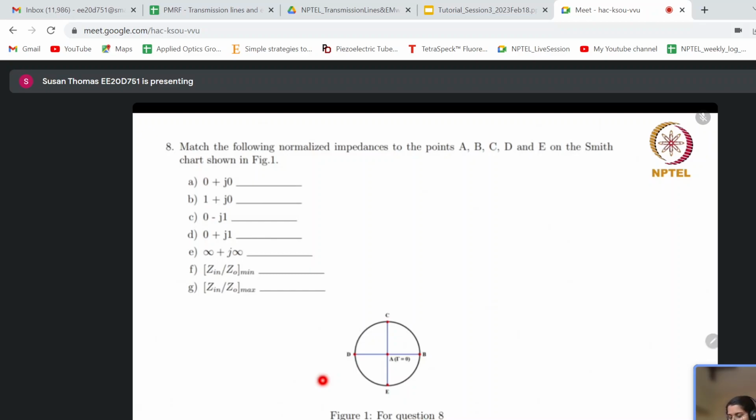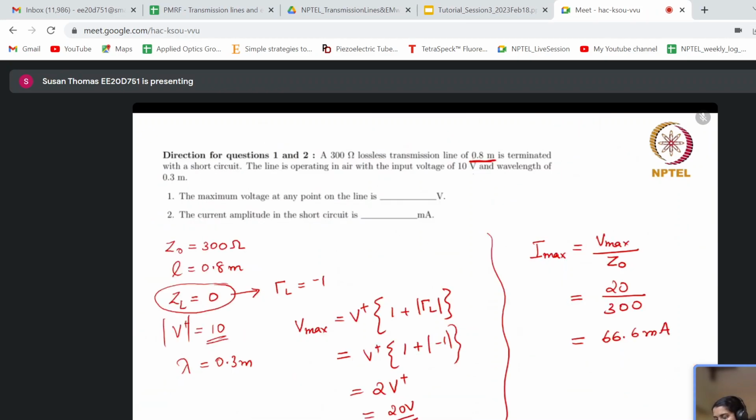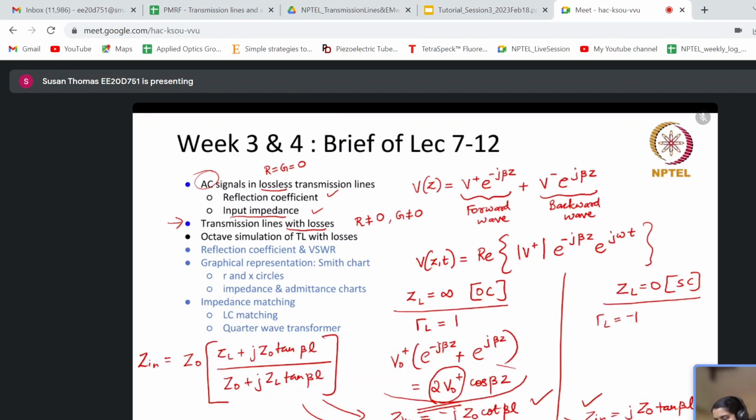You already know the basics of the Smith chart from lecture 11, I think. In lecture 11 you have gone through the basics of the Smith chart, that is the resistance and reactance circles, that is the R and X circles, and then you have come across the impedance and admittance charts.